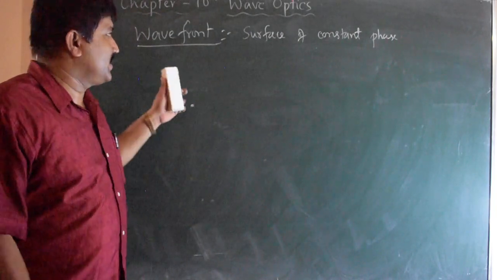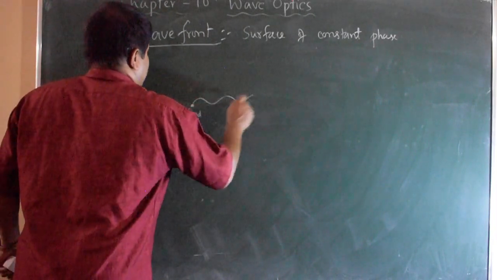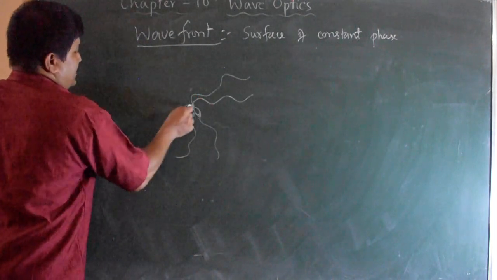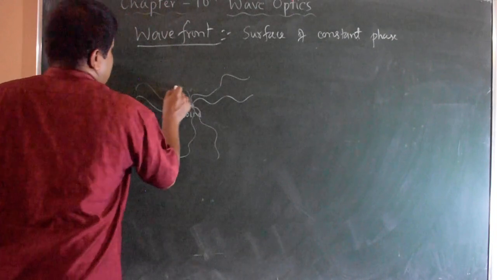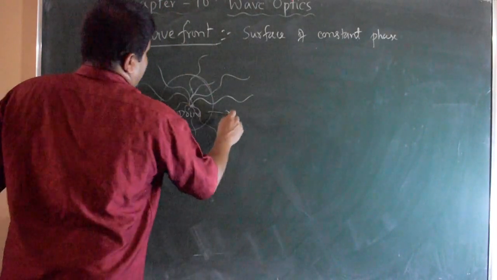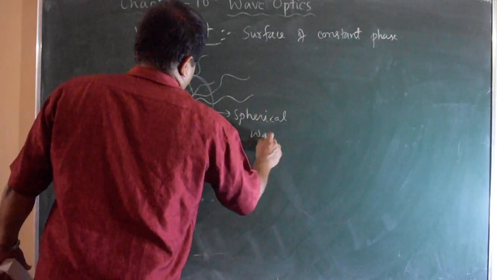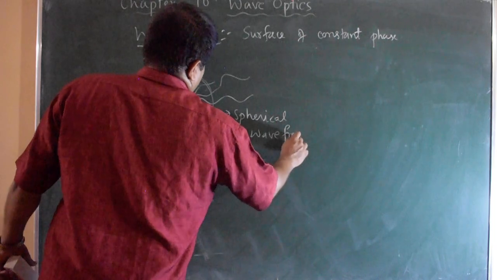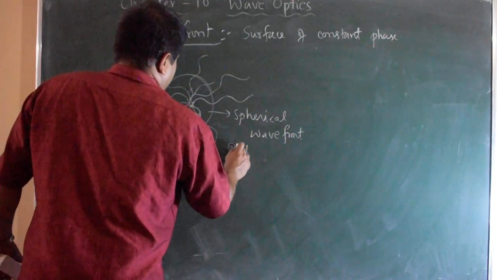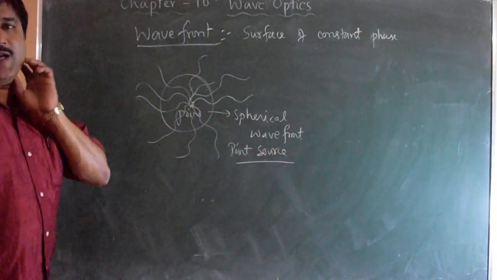So the idea is that from a point source the waves advance in all directions, and if you join a surface, we get a sphere. The important point is that from a point source, we get a spherical wavefront.